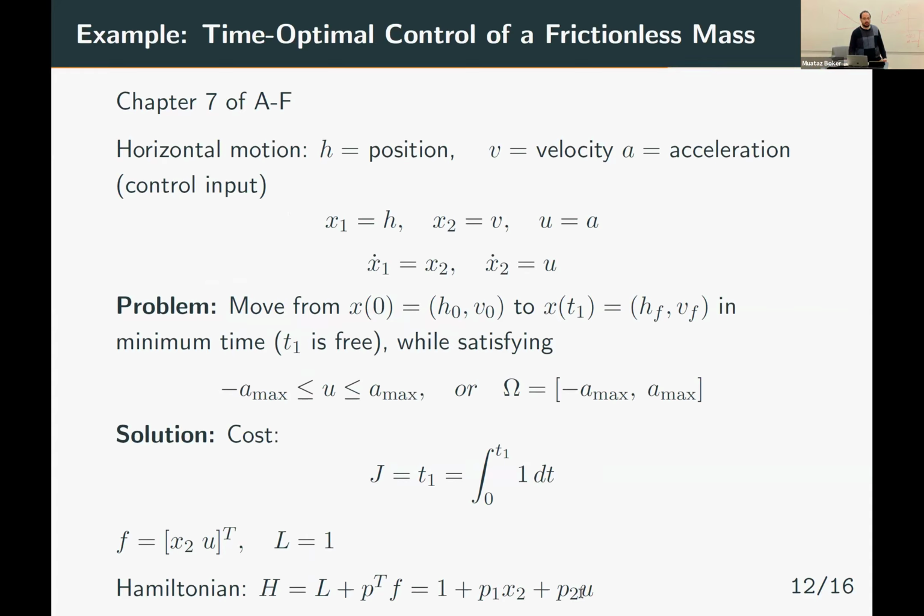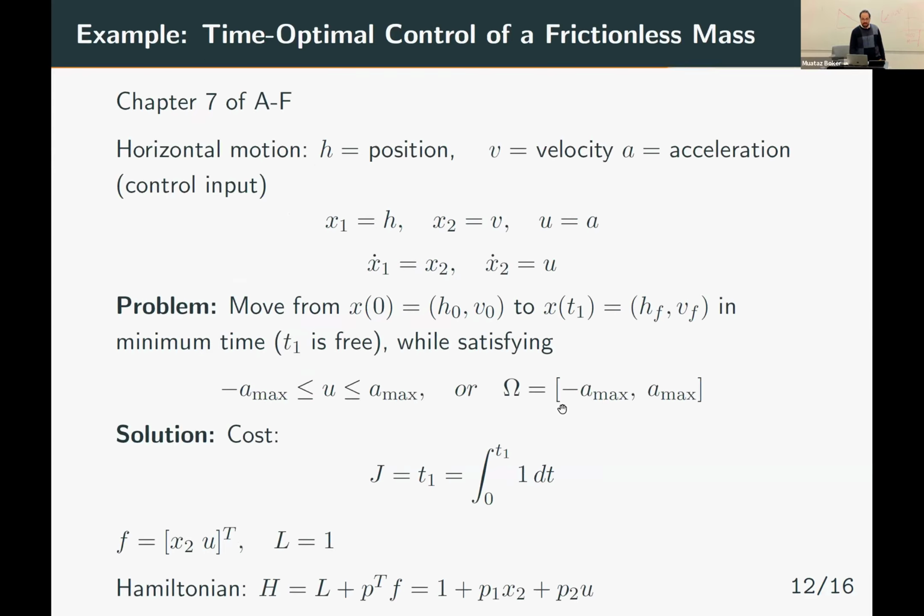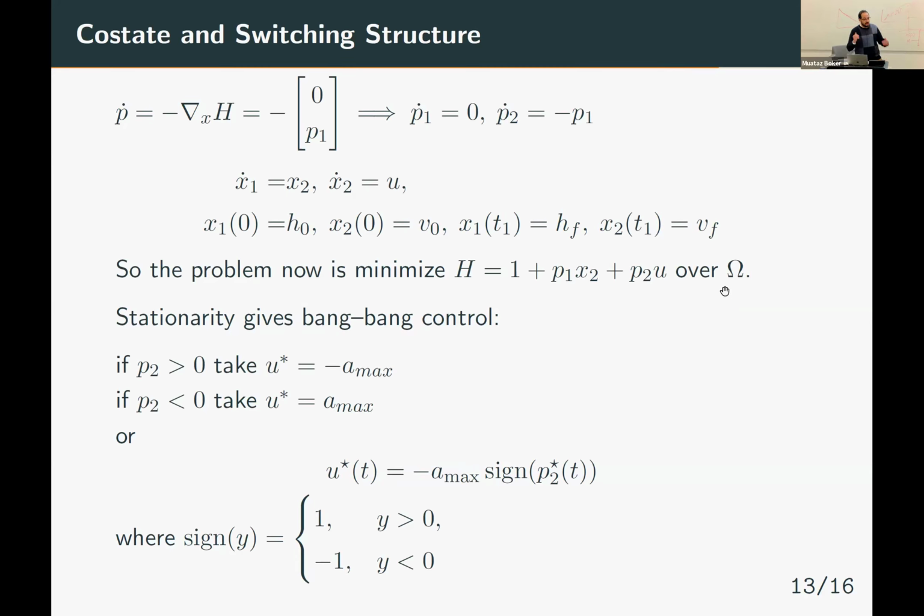That's our optimal controller, and we would be done. But no, we have this Omega that we need to respect. So we cannot use the variational approach. We are halfway there, and we need to do more work now. So how can we minimize this Hamiltonian system while at the same time doing it over this set Omega? That's the challenge here.